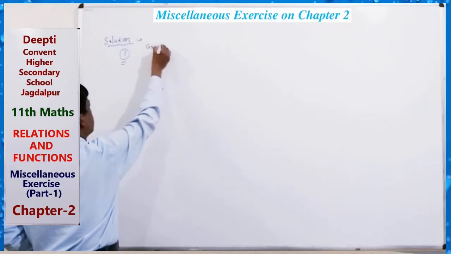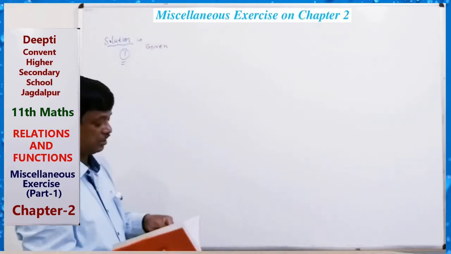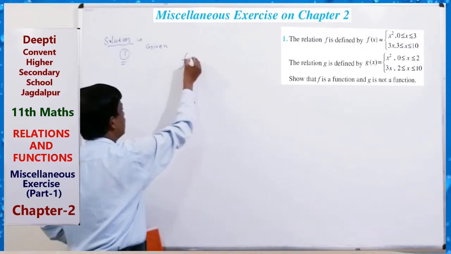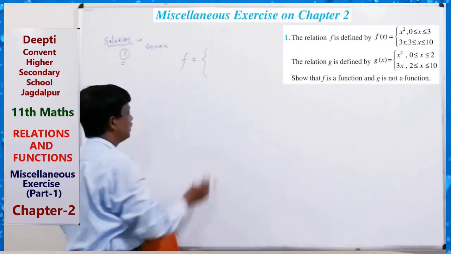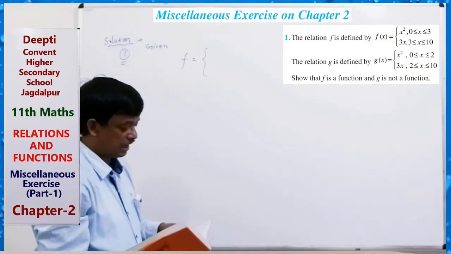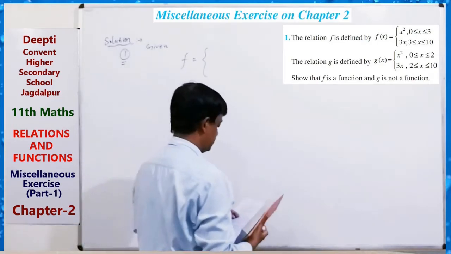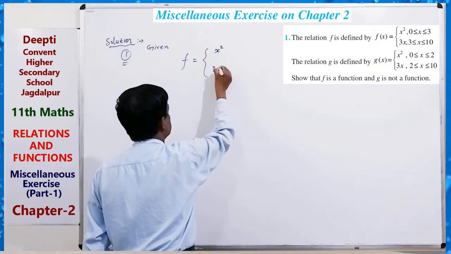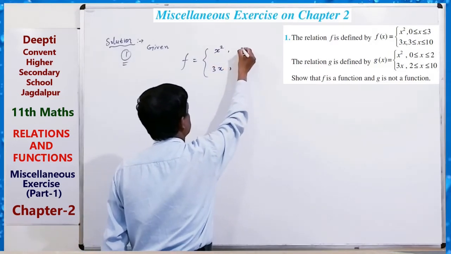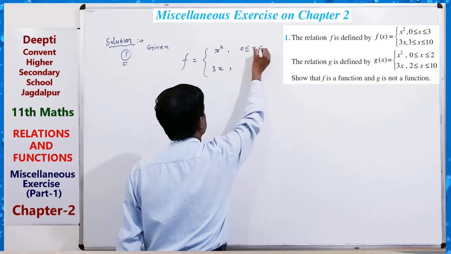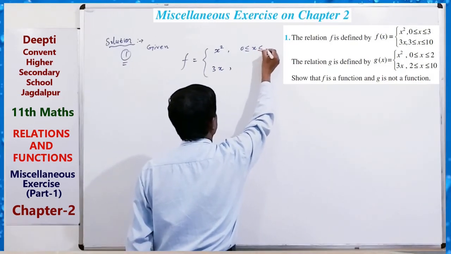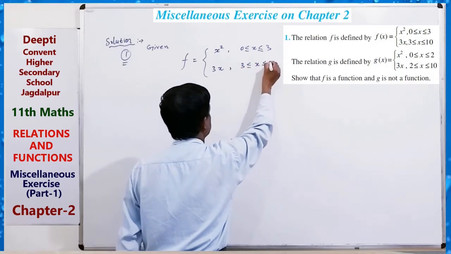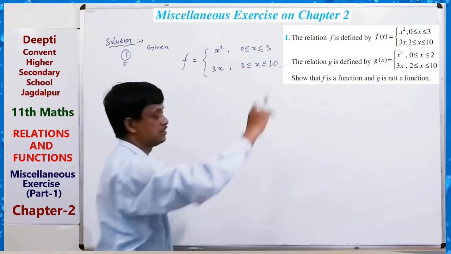Here, given in question 1, function f is given just like this: f is given as x square, 3x, with 0 less than equal to x less than equal to 3 and 3 less than equal to x less than equal to 10.